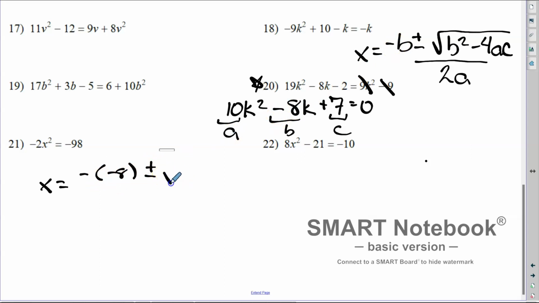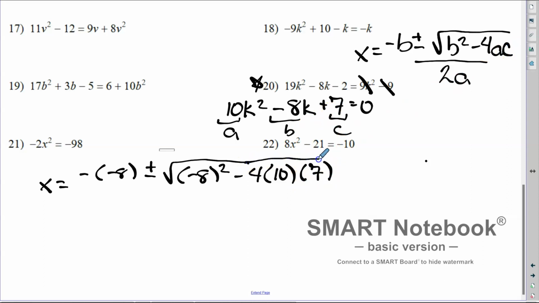Plus or minus the square root of, you're going to square b, minus 4 times a, which is 10, and we need to multiply by c, which is 7. All of it over 2a, again a is 10. Okay.